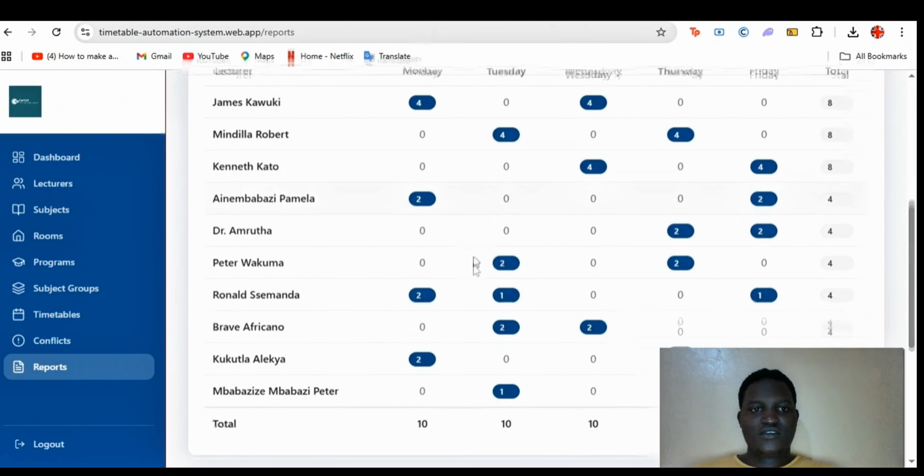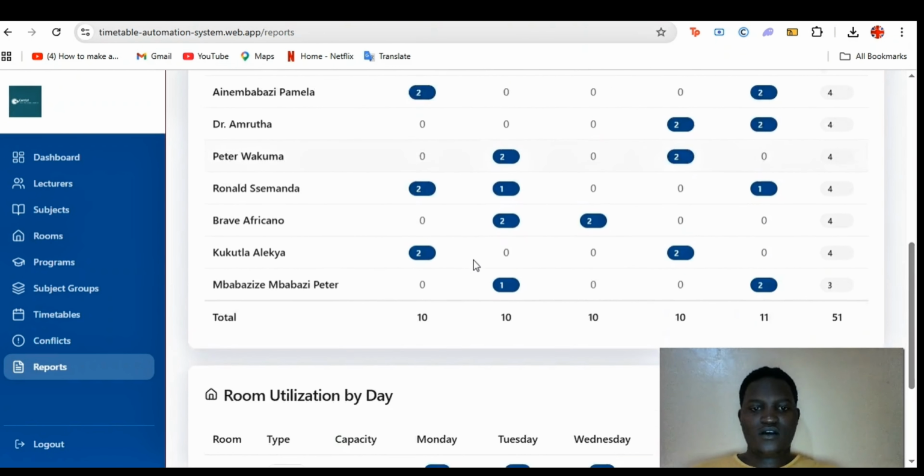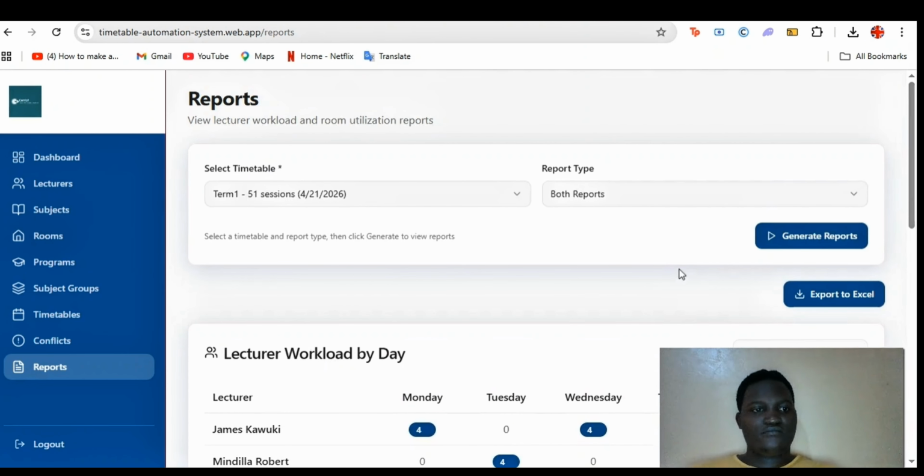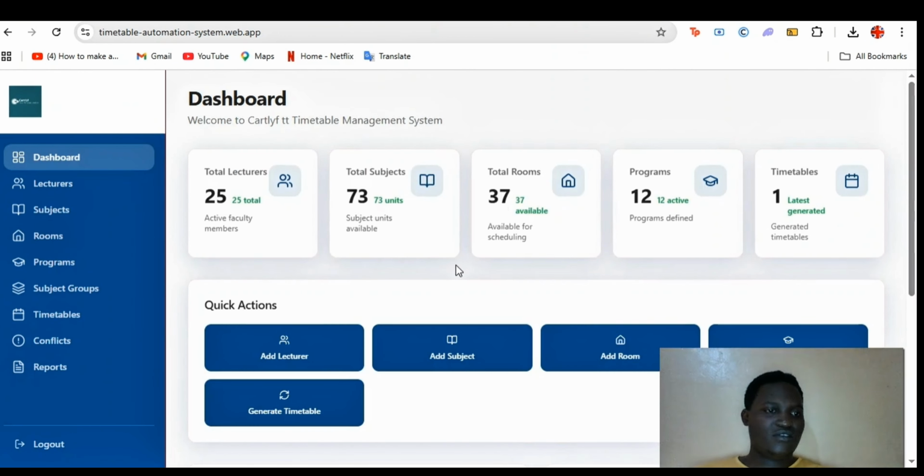So you get to see how many sessions each lecturer has, and then for room utilization, you get to see how the rooms are being used. So essentially, this is your timetable scheduling system. It's a system that could be customizable for different institutions based on the rules, but also customizable for different organizations.